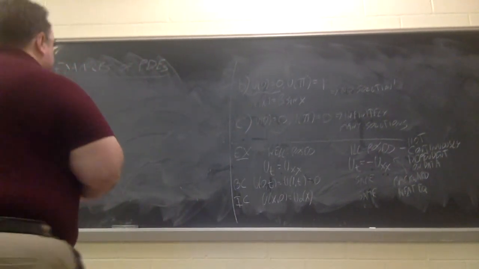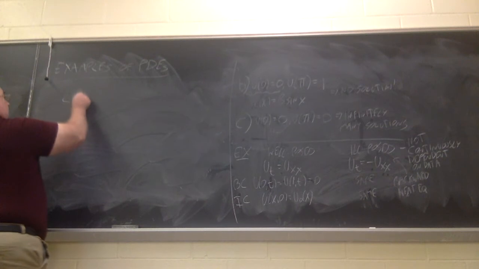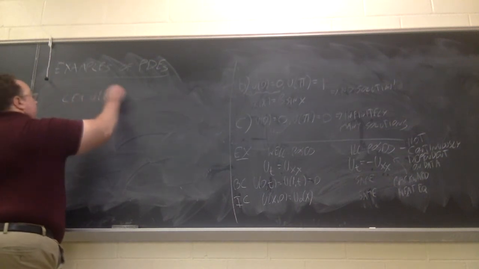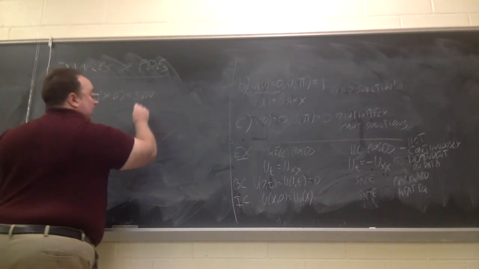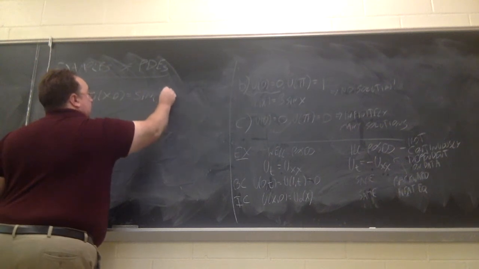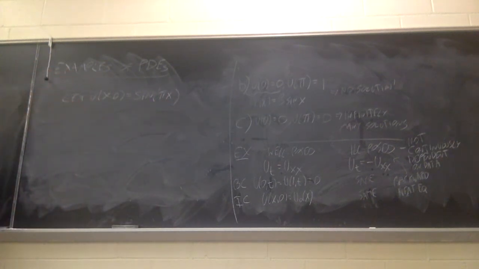So I'm going to specify the initial condition be equal to sine pi x. Because that way, if I plug in x equals 0 and x equals 1, I'm going to get 0 at both boundaries as is required.